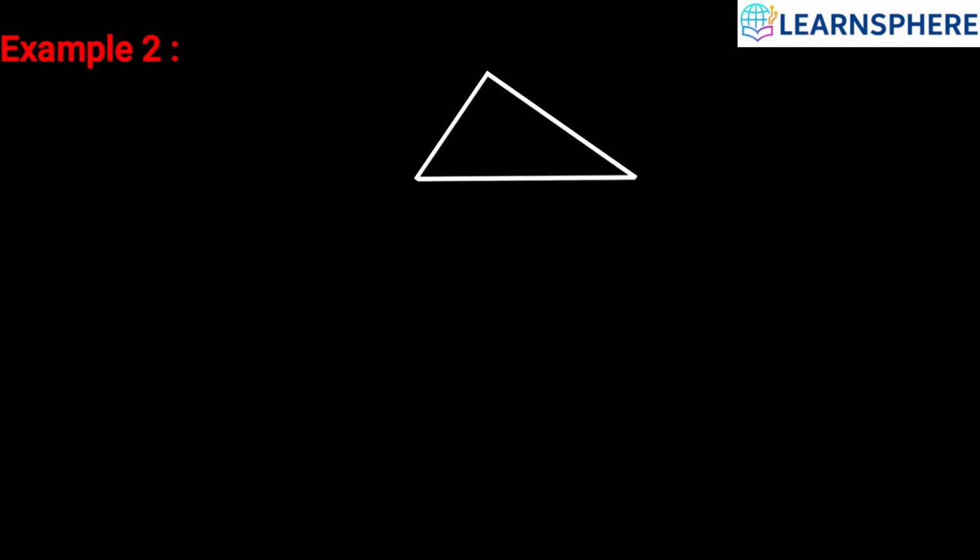For the next example, we have two sides known, which are 4 and 7, and an angle, which is 20 degrees. And we are asked to solve for x, which is the side opposite of 20 degrees.